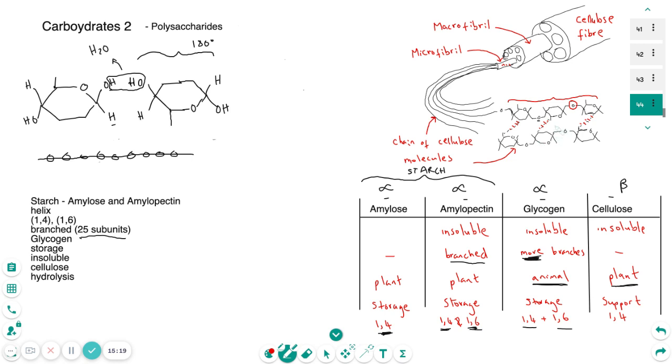We can't break it down for the glucose to get into our bloodstream. So for a plant, cellulose's job is not storage, it's support. Notice the other three are all energy storage. This one is just support, and it's only got the 1,4-glycosidic bonds. So yeah, quite a lot to remember there.